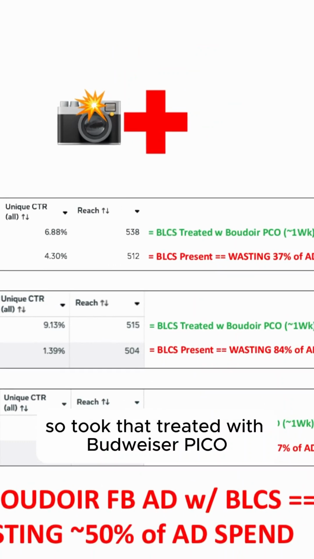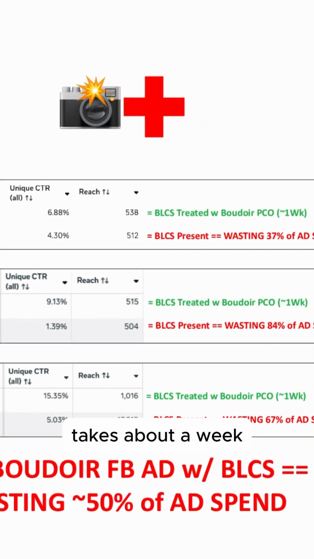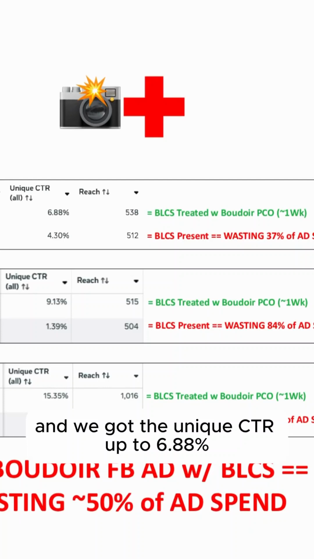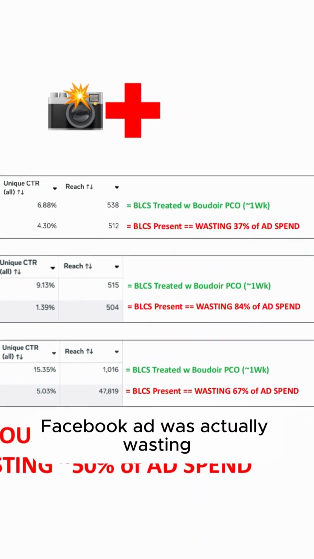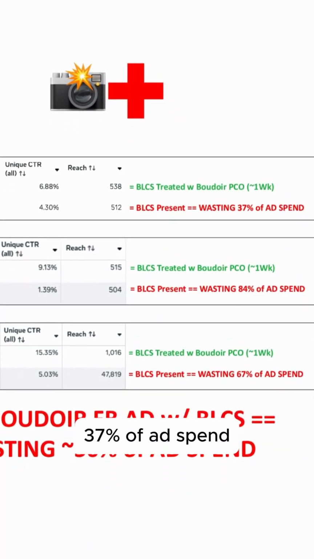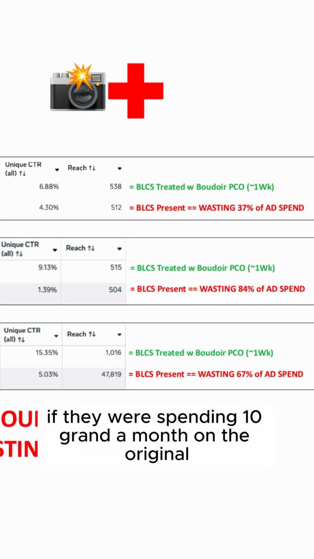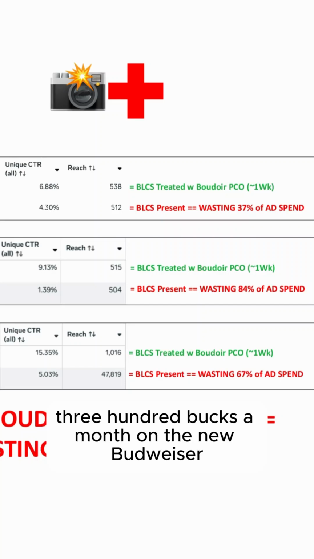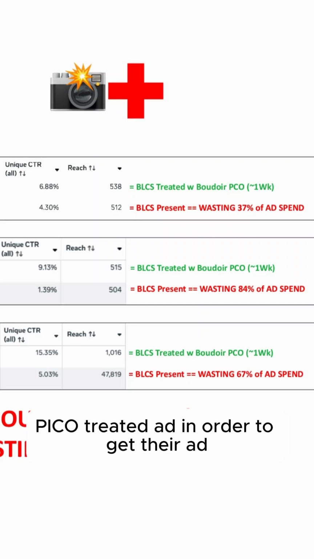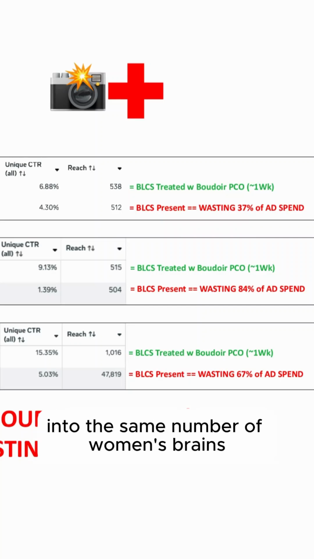So took that, treated it with boudoir pico, takes about a week, and we got the unique CTR up to 6.88%. So we found that the original boudoir Facebook ad was actually wasting 37% of ad spend. And as a result, if they were spending 10 grand a month on the original boudoir Facebook ad, now they only need to spend $6,300 a month on the new boudoir pico treated ad in order to get their ad into the same number of women's brains.